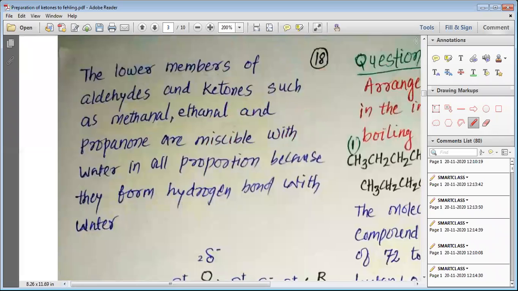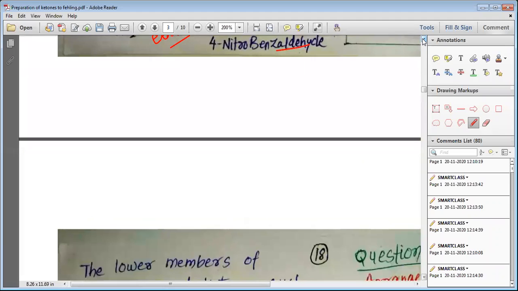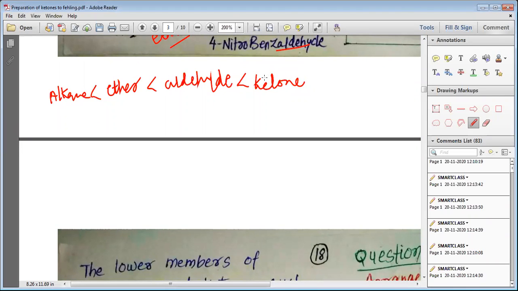Even if we want to write the order, we can write it this way, my dear students. Please pay attention that the boiling points of alkanes are generally less than ether. Then we can think of aldehyde, then ketone, and then alcohol.